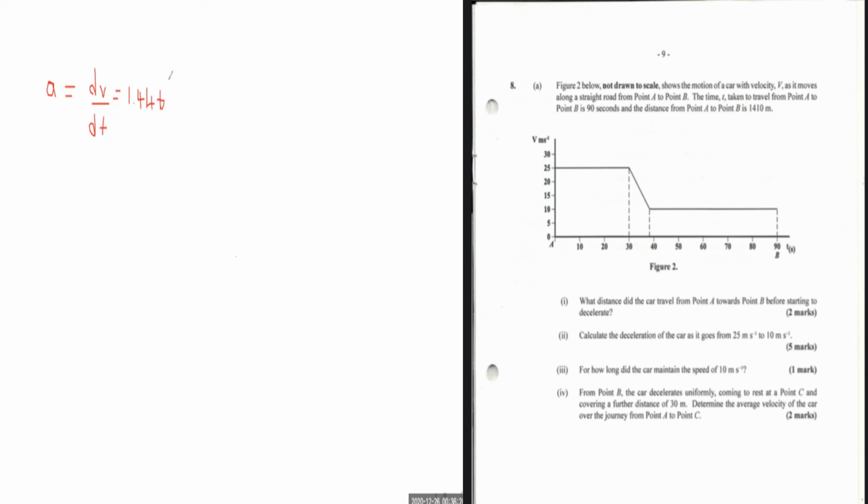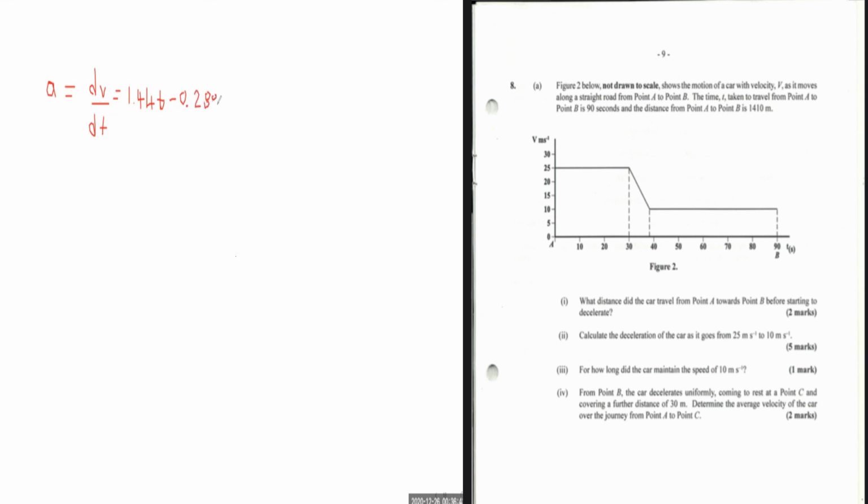Then bring down the 3 now to get 3 times 0.096. That's 0.288. That becomes minus 0.288.